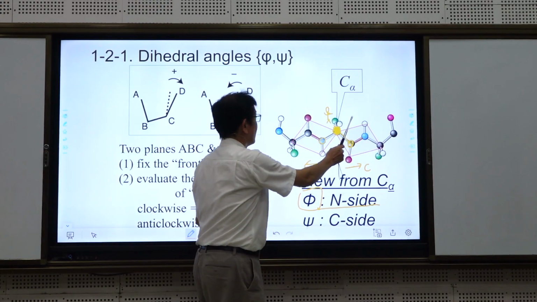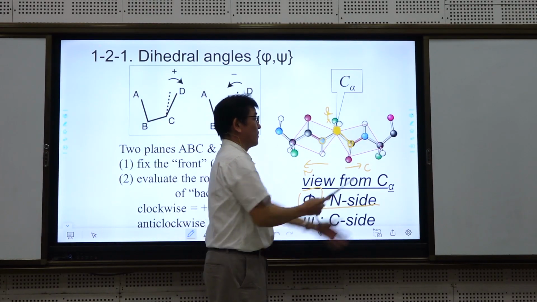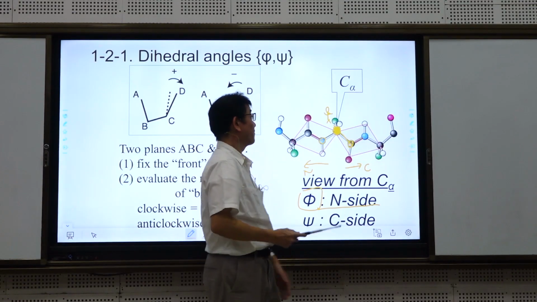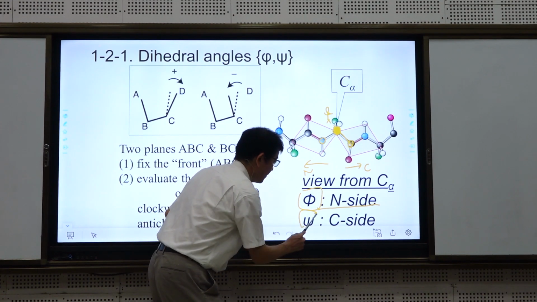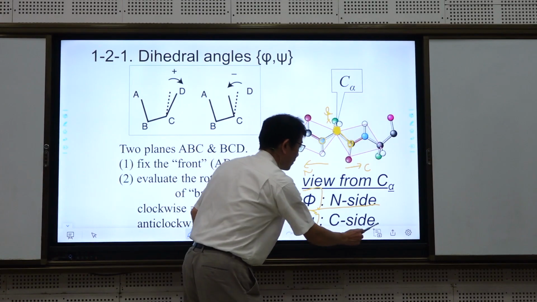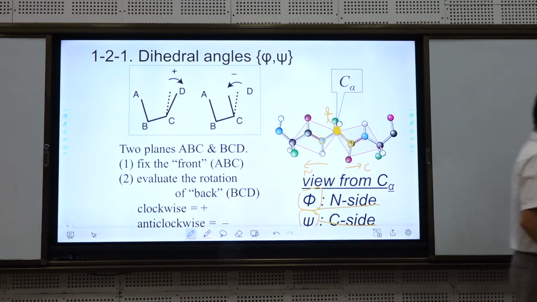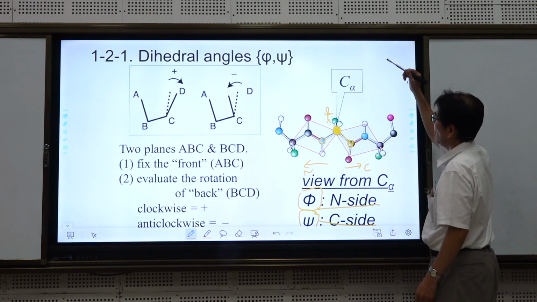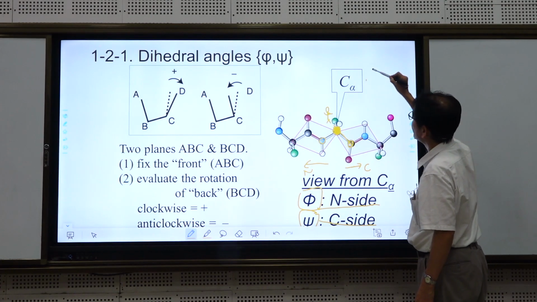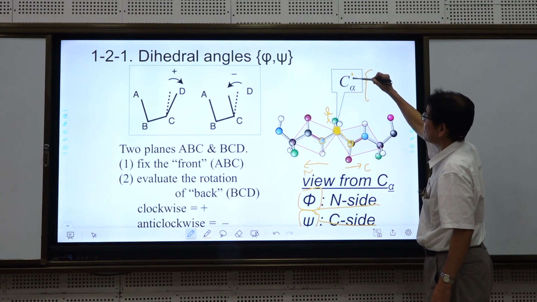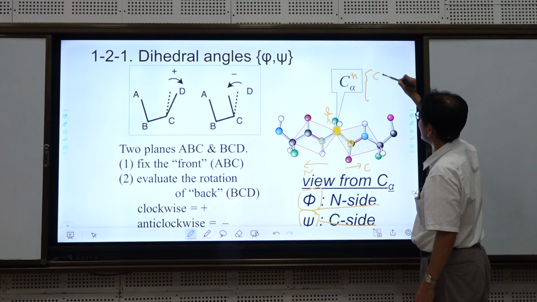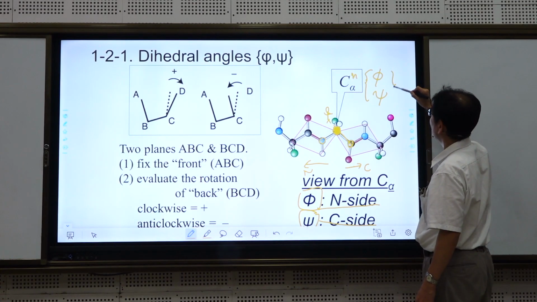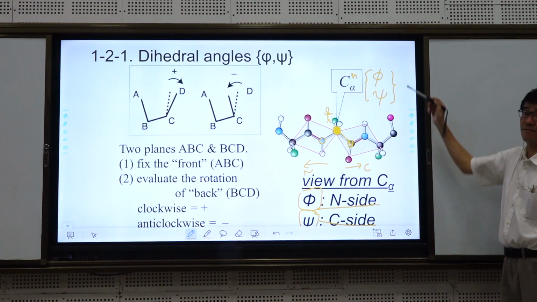Okay? Then we can define the dihedral angle for this plane. It's rotating. Then we can use the parameter psi for the carbon side. So for each nth carbon alpha, we can define two dihedral angles, psi and phi.